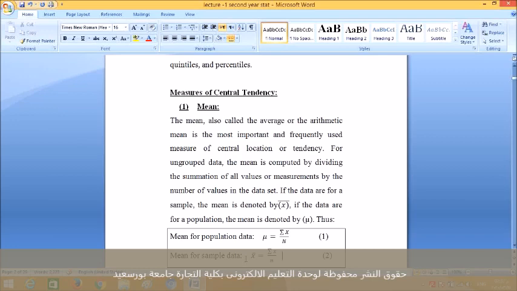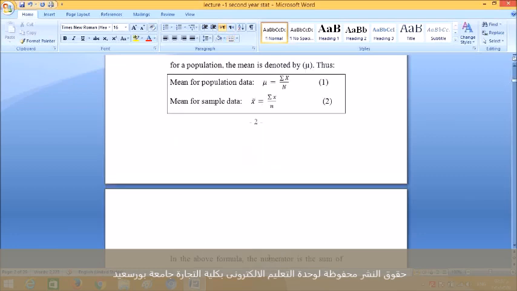The mean for sample data is X bar, which equals sigma x over n. These are small letters, but for a population, we usually use capital letters.